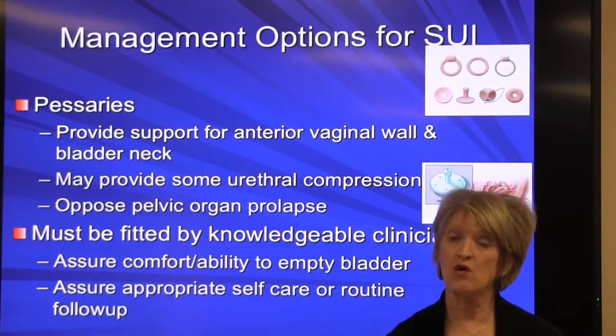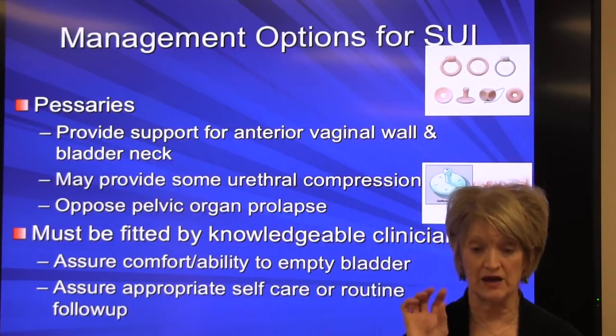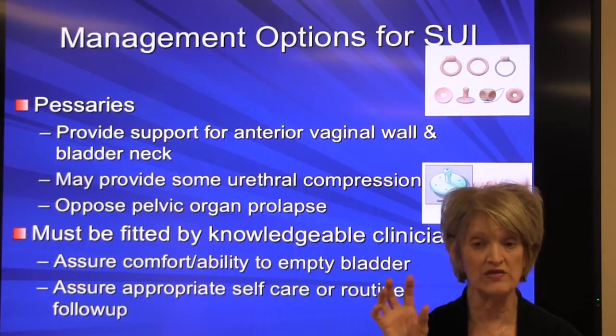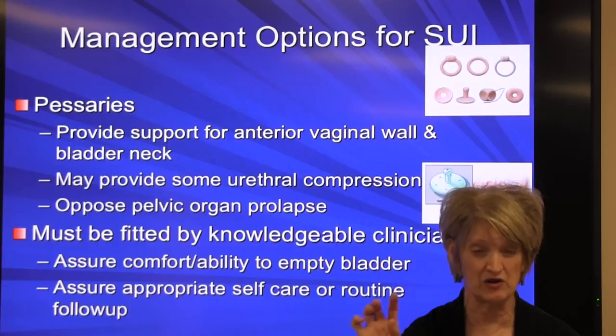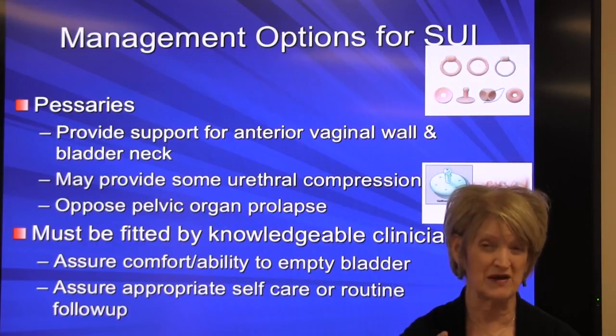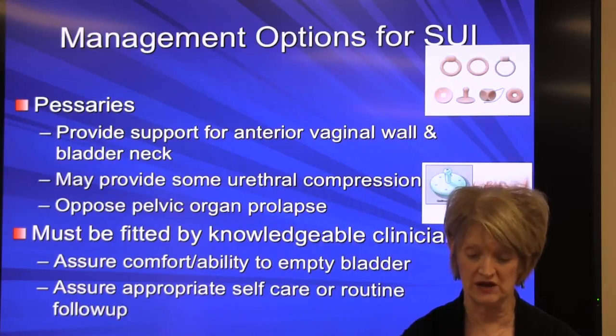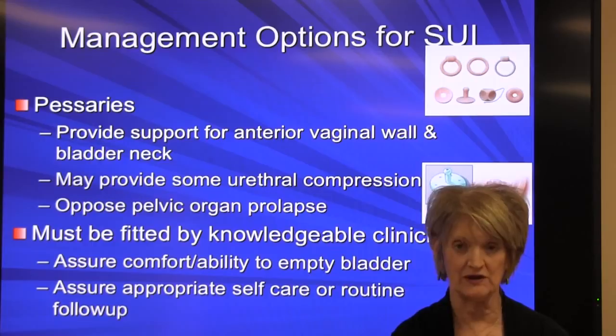So we said, well, one thing you could do is a pessary. We could fit a pessary, and we could fit one that holds everything in position and also creates a little bit of compressive force against the urethra, and then we'll have to make sure you can urinate, but it might keep you either totally dry or at least it could significantly reduce the volume of your leakage. She's like, absolutely.